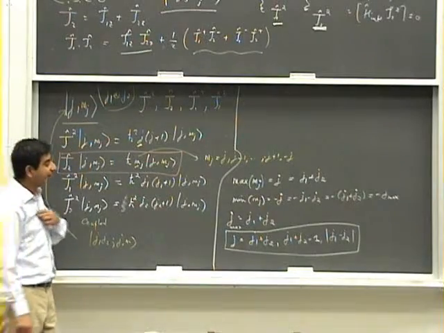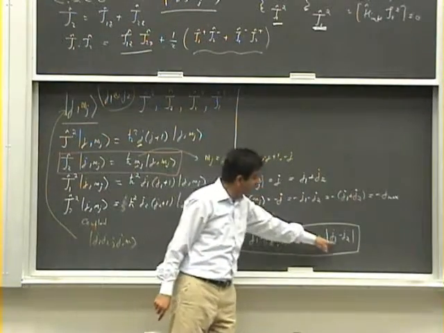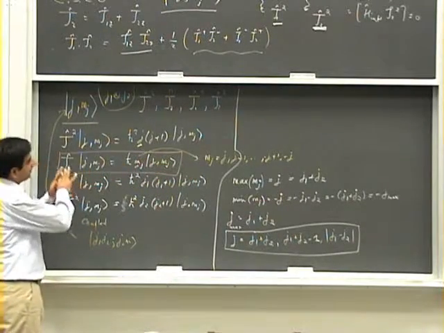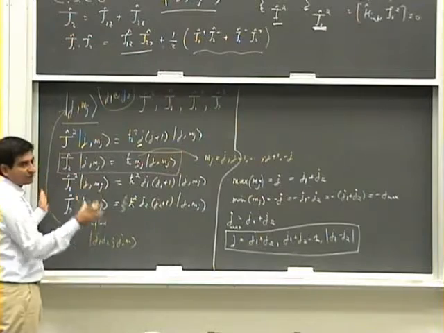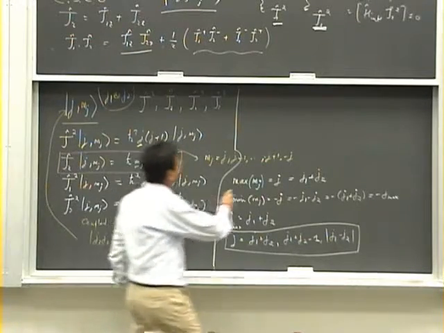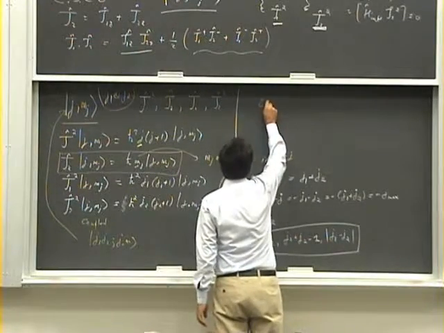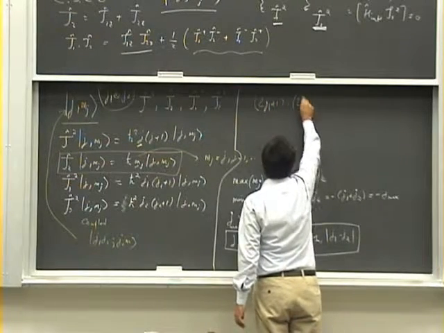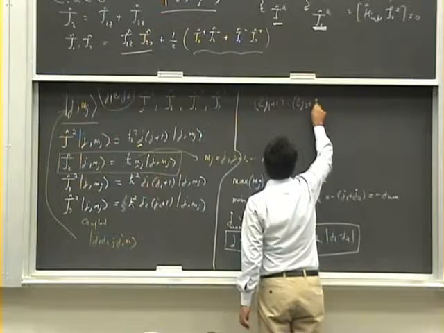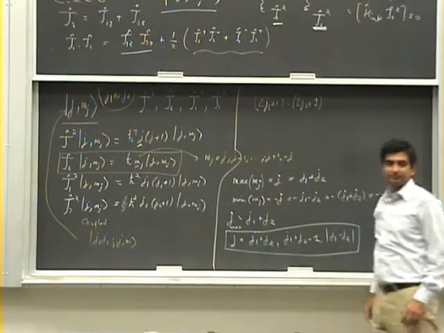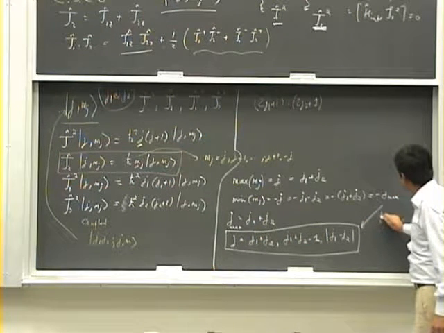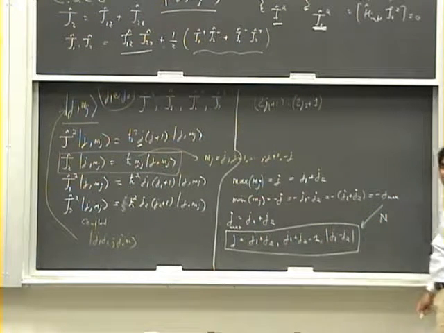Now how do I find out this j1 minus j2? What I would like to do is this: the Hilbert space for this joint system has dimensionality 2j1 plus 1 times 2j2 plus 1. Suppose I have n of these j values.